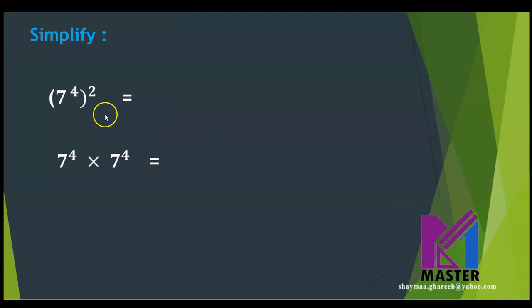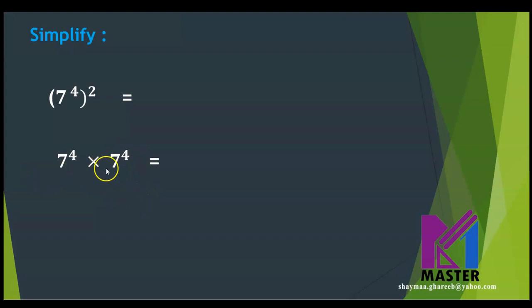Look at this example. 7 to the power of 4 raised to the power of 2, or squared. We know that squaring means the 7 to the power of 4 is multiplied by itself 2 times. This is the meaning of power 2 or squaring. So 7 to the power of 4 times itself, 7 to the power of 4.